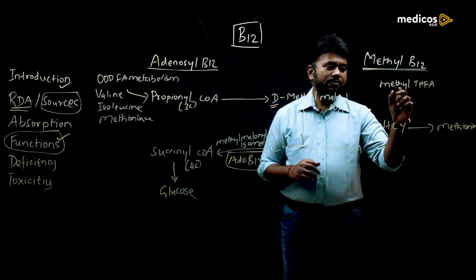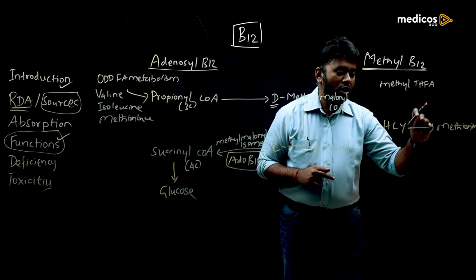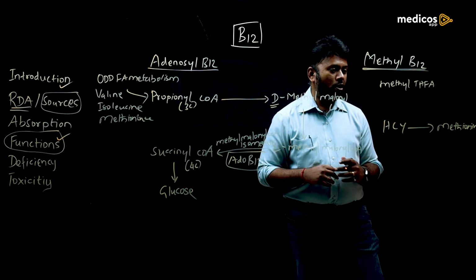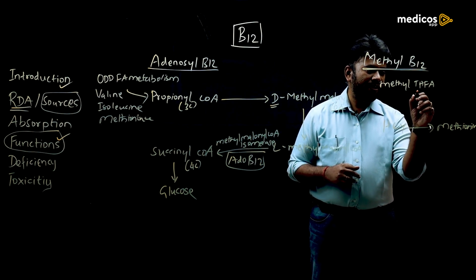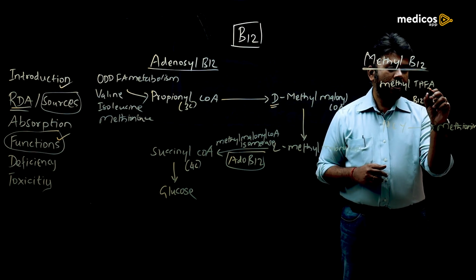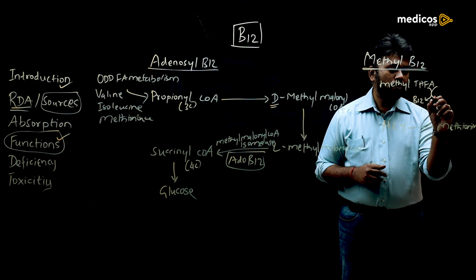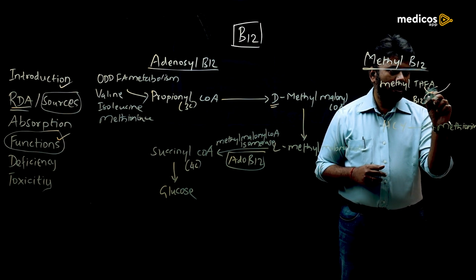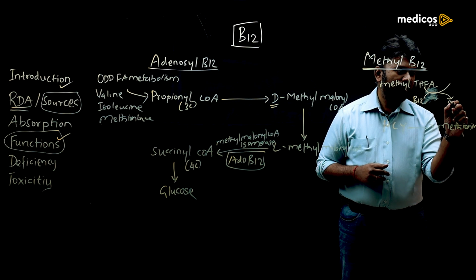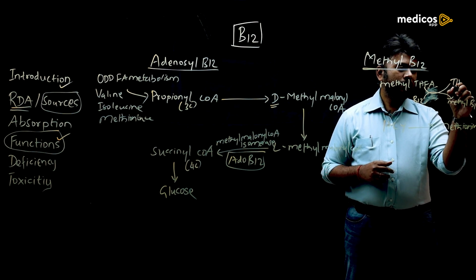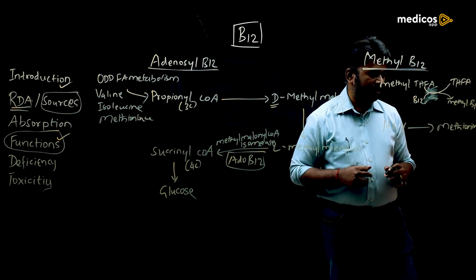But this methyl tetrahydrofolate cannot directly give its methyl group for this reaction. Instead, first it will give it to vitamin B12, donating the methyl group to B12 and forming methyl B12, releasing the free tetrahydrofolate.